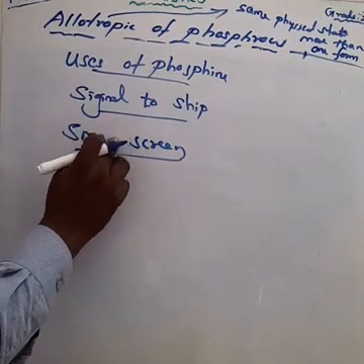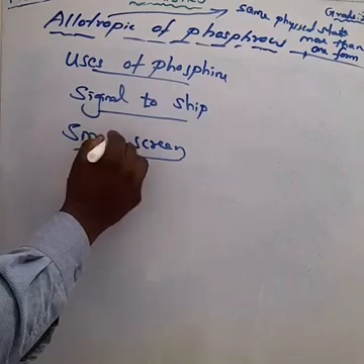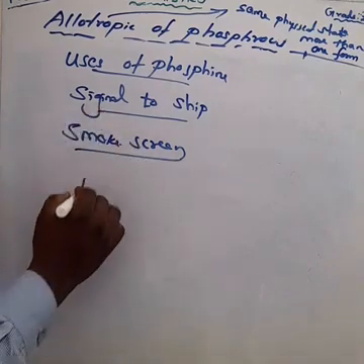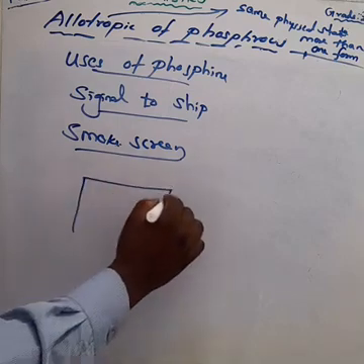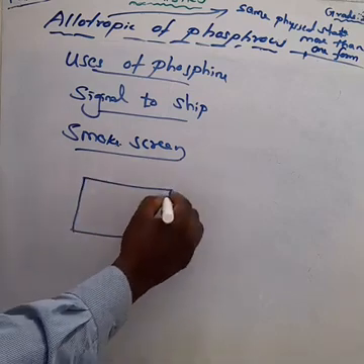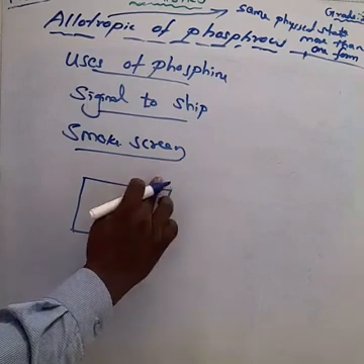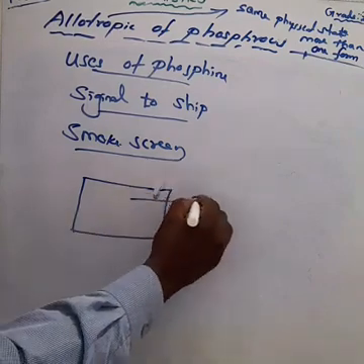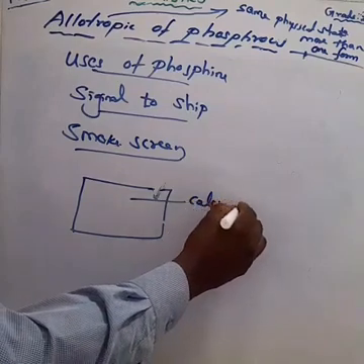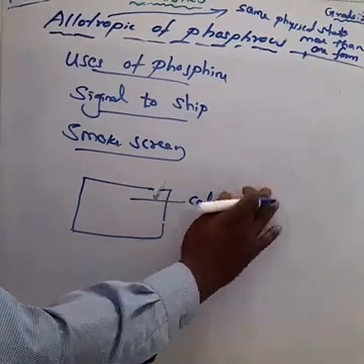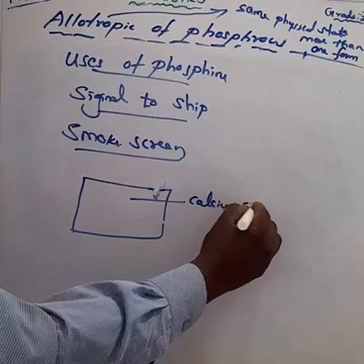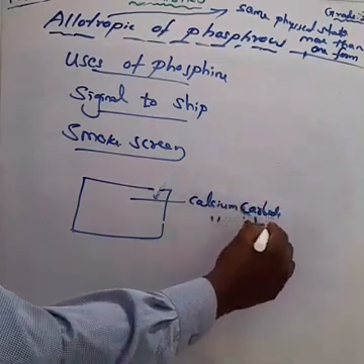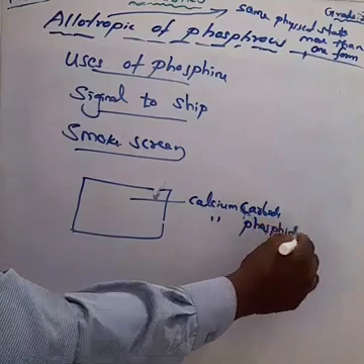On a ship, we take a wooden container, or we can say a perforated container, with a small hole made in it, and we take a mixture of calcium carbide and calcium phosphide. These two salts we take here, and the mixture is thrown into the sea.